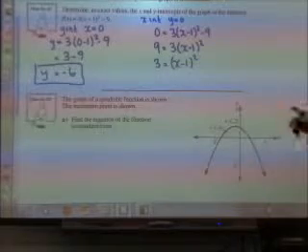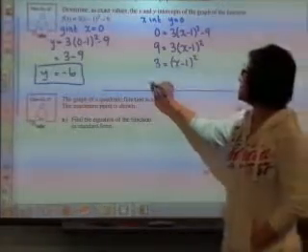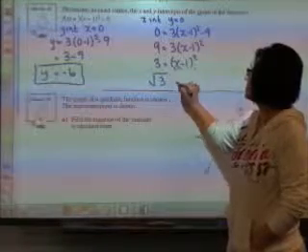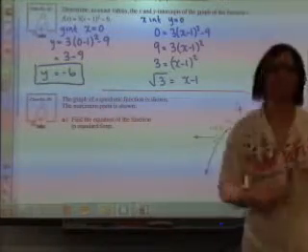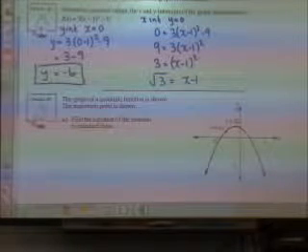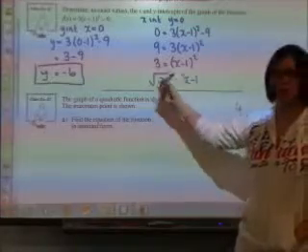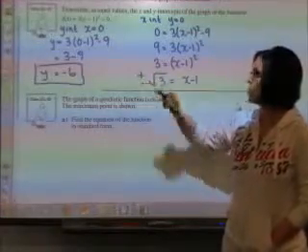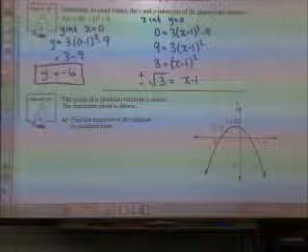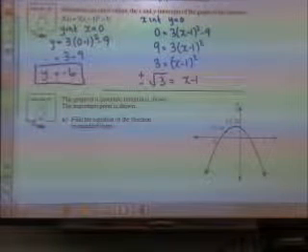How do I get rid of the squared? Square root. So I'm going to square root both sides. Only thing I need to remember in this case is when I square root both sides, this square root of 3 could be a positive or a negative. Because when I work backwards, root 3 times root 3 is equal to 3.